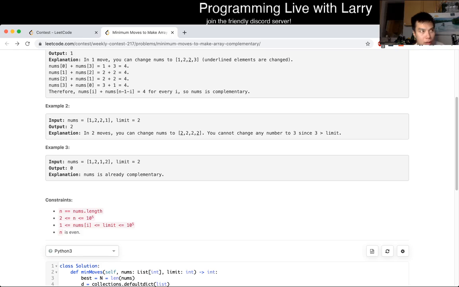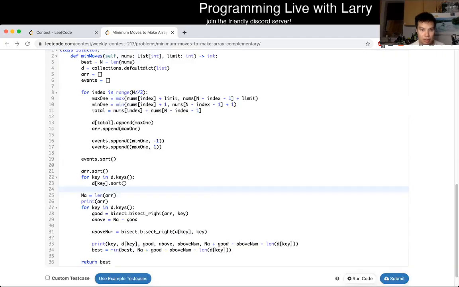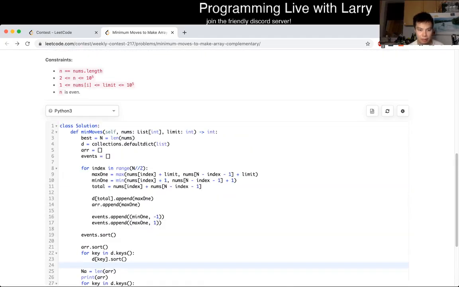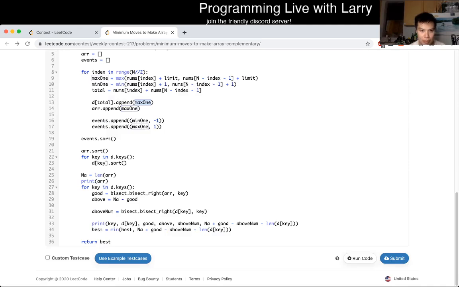Okay. By definition, it should not be double counted, right? Okay, so that means that actually by definition all of this max one should be less more than total.